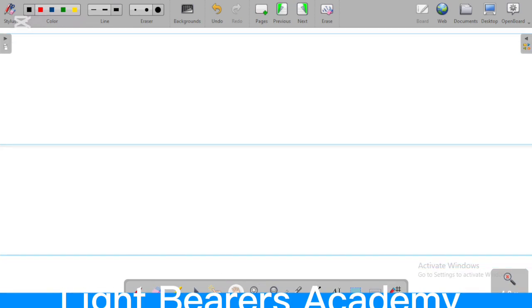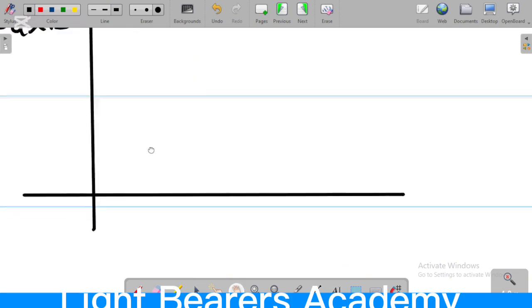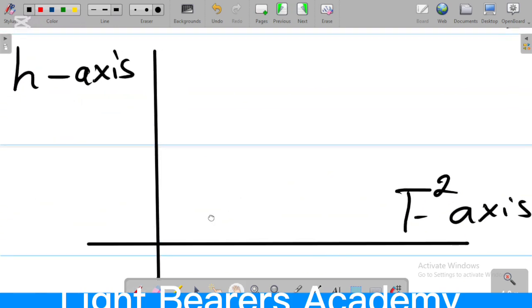Now take note of this. Assuming this is h-axis and this is what? T-square axis. So here we have h-axis, and this is t-square axis. Now, you have your line of best fit.